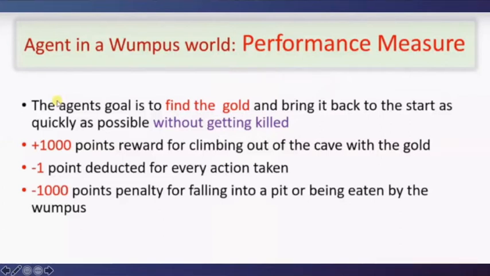It has to come back without getting killed. 1,000 points will be given if the agent gets the gold and comes back, and 1 point will be deducted whenever it takes an action. There is a 1,000 point penalty if the agent falls into a pit or is eaten by the Wumpus.